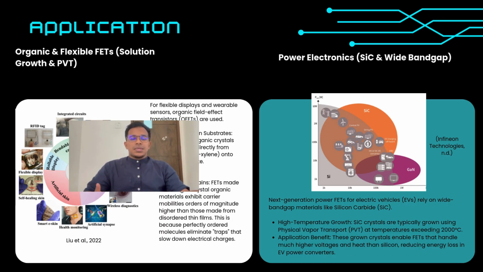Why does crystal growth matter here? Because FETs made from a single-crystal organic material have carrier mobilities orders of magnitude higher than thin film. By growing perfectly ordered molecules, we eliminate the traps that usually slow down the electric charge, allowing flexible devices to perform at high speed.